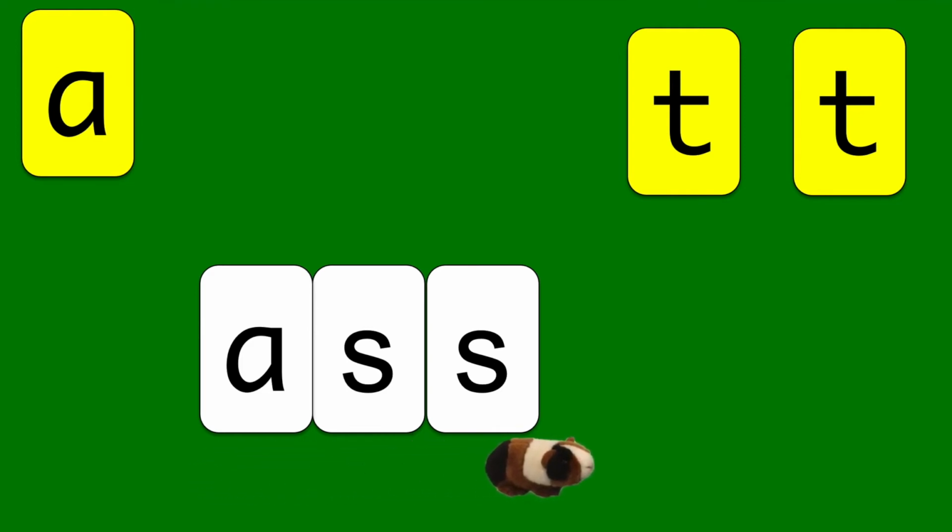And because there are two s sounds, we know not to say the z sound. Ass. The word is ass, a type of donkey.